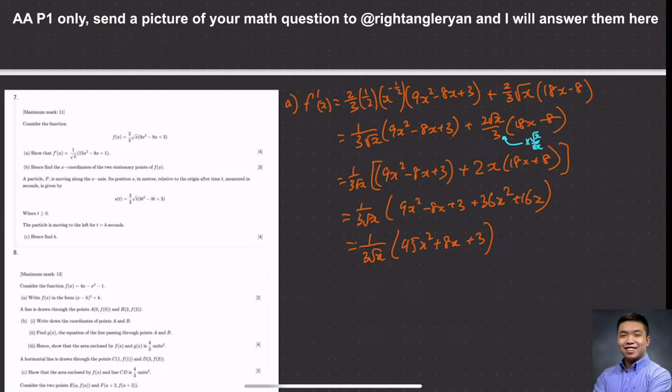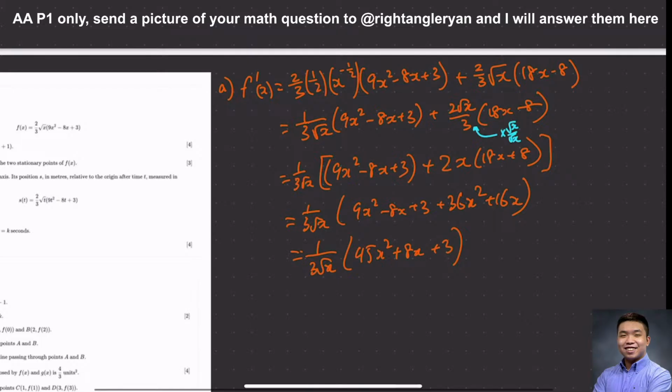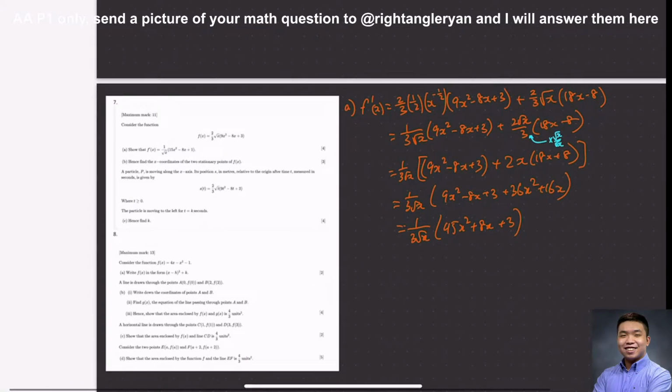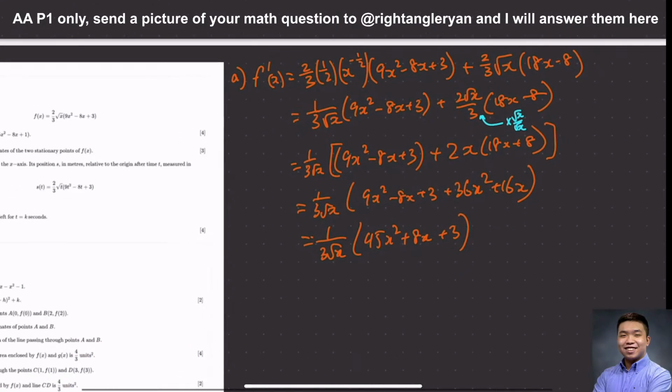Some algebra mistake, probably. 36. 1 over 3. 2 over 3. 2 over 3 x, 36 x squared. Where's my mistake?